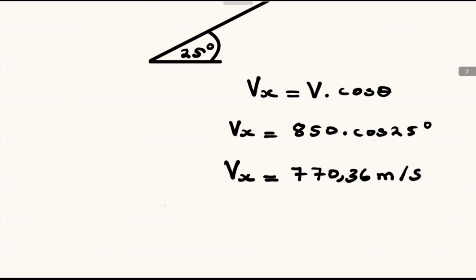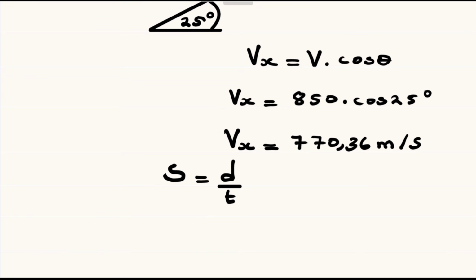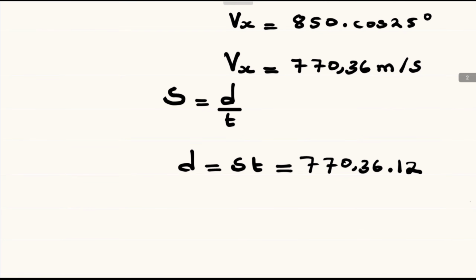So we have speed is defined as the distance divided by time, but we want the distance, so distance will be equal to speed multiplied by time. So 770,36 multiplied by the time, which was 12 seconds.